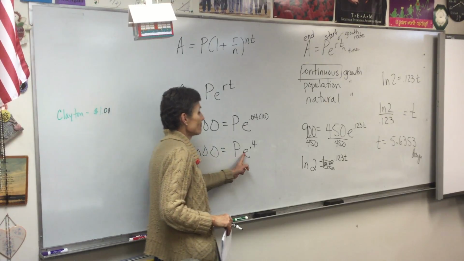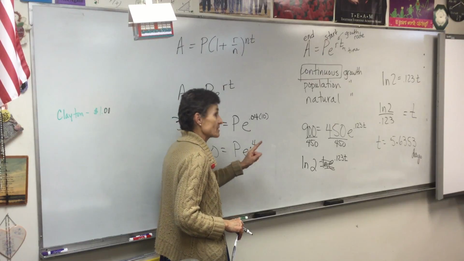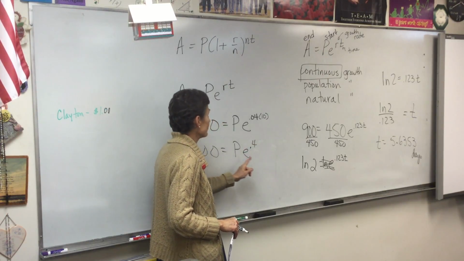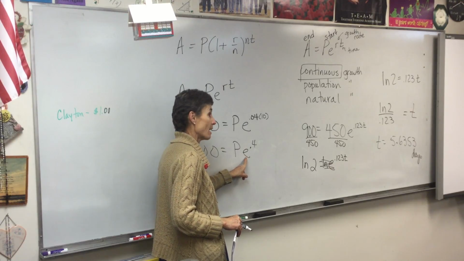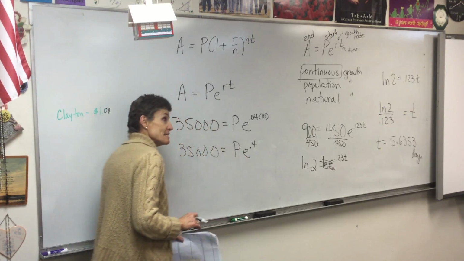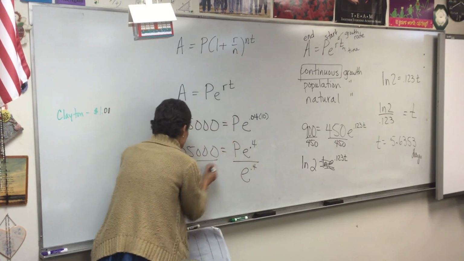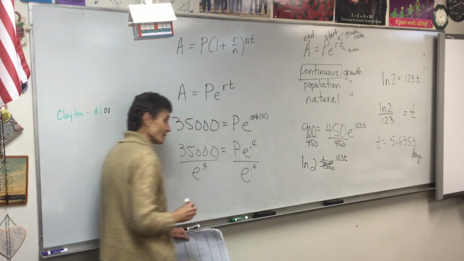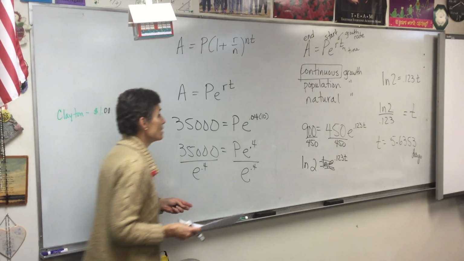If this were the variable, that is exactly what I would do. But that's a really good guess and very impressive. But not the right thing to do in this problem because that's not a variable. Actually, it's easier than that. We're going to divide both sides by e to the 0.4. Now, some of you might be saying, well, wait a minute, why don't I use logarithms?